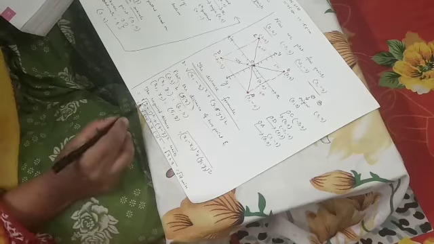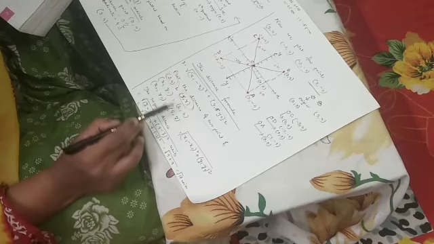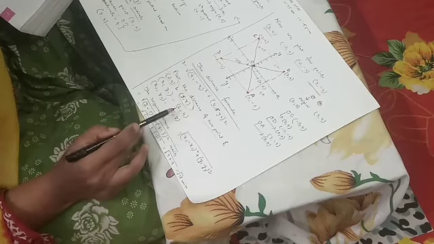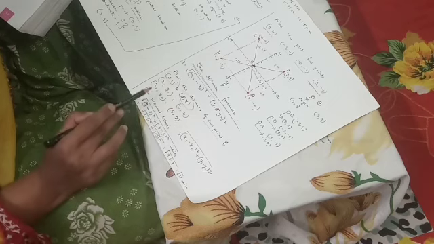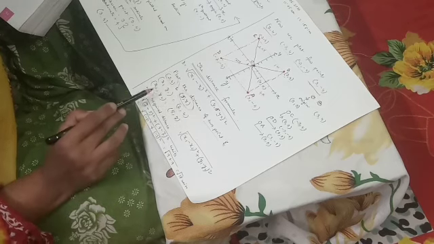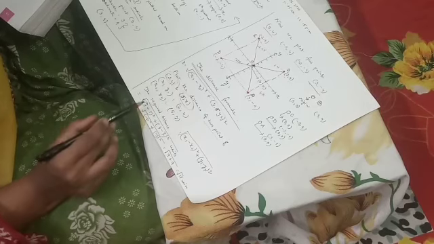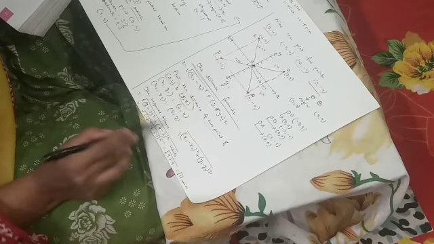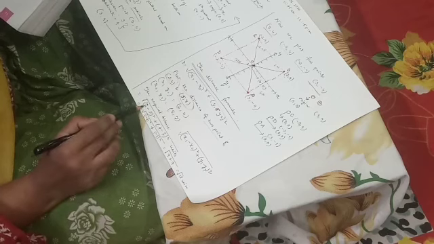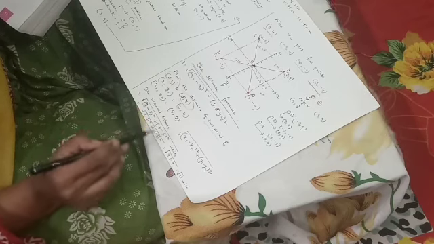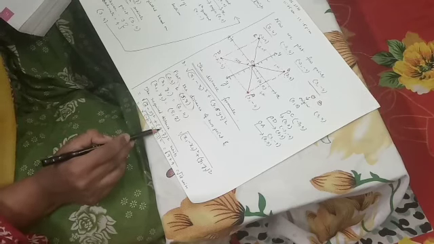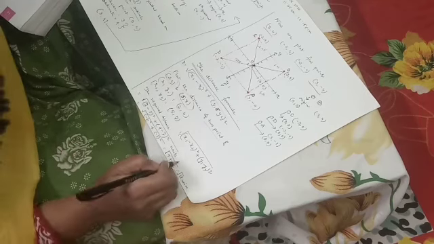Alright. So what will you do? What is x1? x1 is 2. What is y1? 4. What is x2? 5. y2? 7. The required distance is root over (2 minus 5) whole square plus (4 minus 7) whole square units.